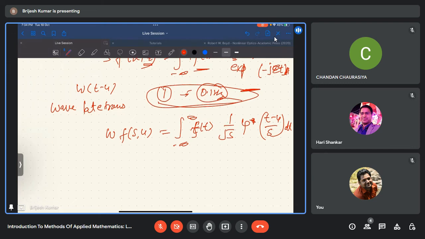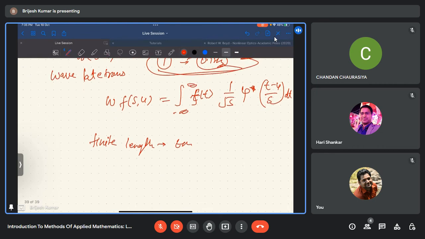The wavelet function is designed to strike a balance between the time domain, which is finite length, and the frequency domain, which is finite bandwidth.